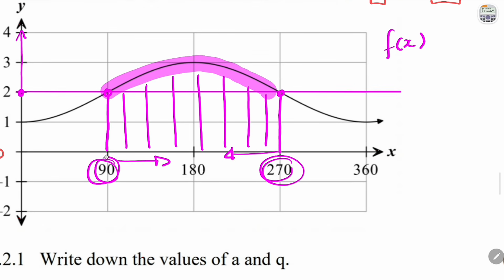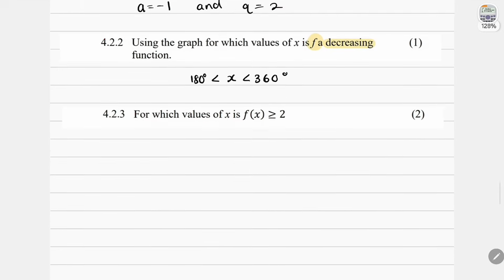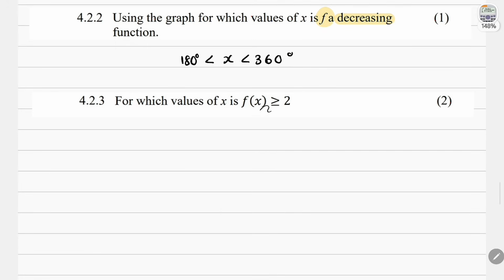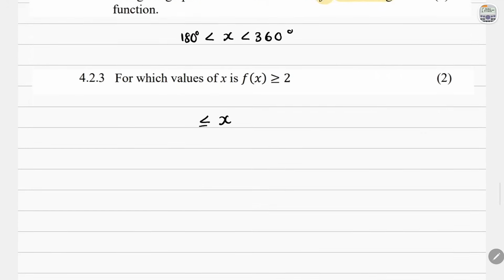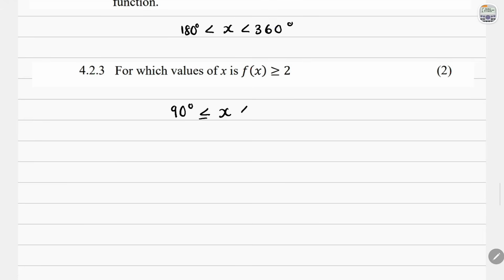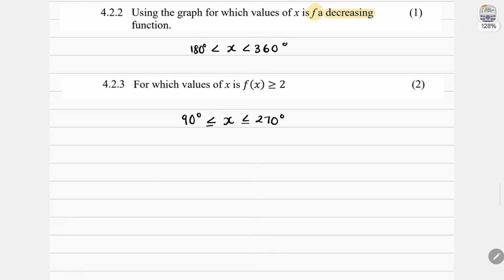Okay, all these values in between and including 90 degrees and 270 degrees. That would be where this graph has a y value greater than or equal to 2. So we'll tell them x is greater than or equal to 90 degrees, but less than or equal to 270 degrees. And that is our answer. Moving on to the next question.